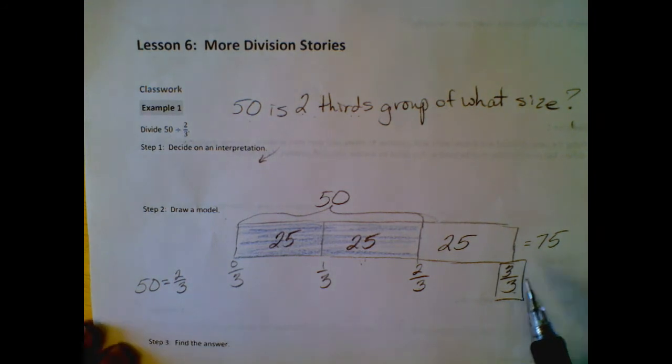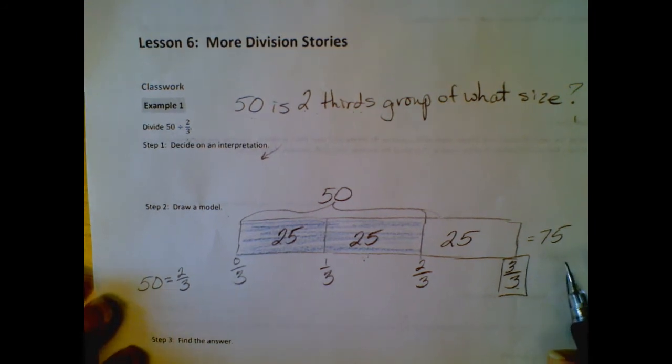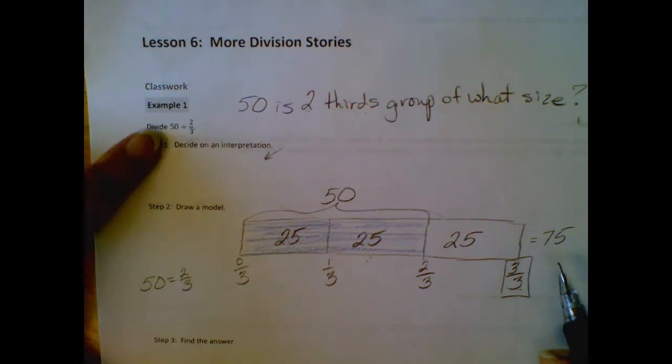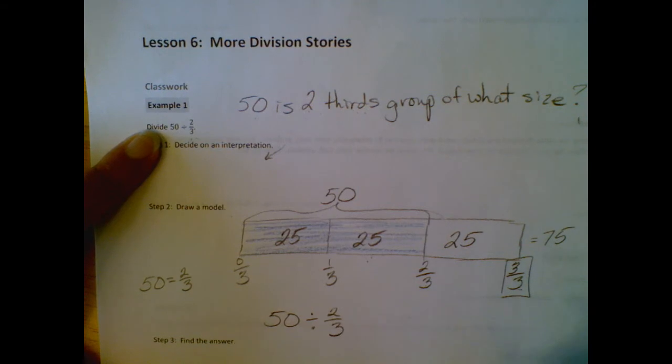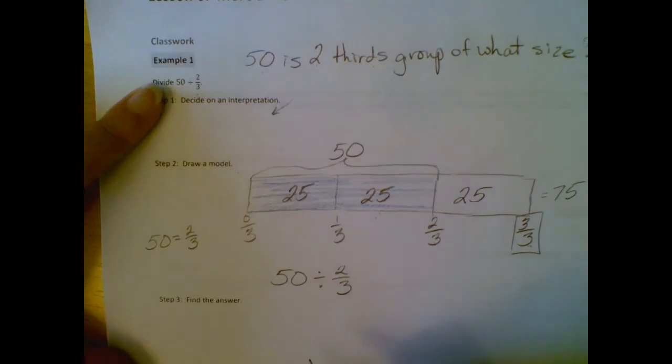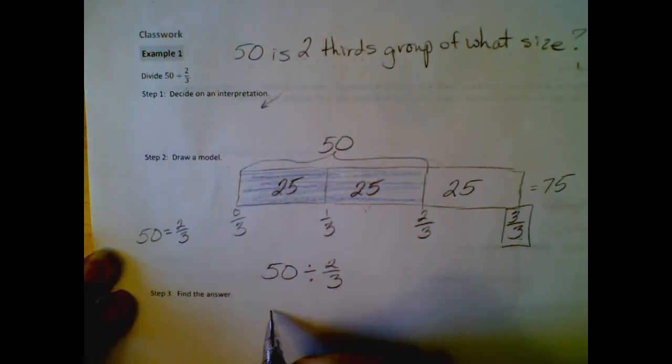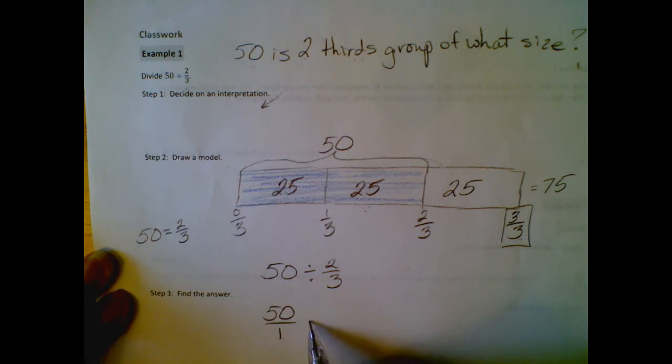Okay, let's do copy, dot, flip to check it. 50 divided by 2/3. 50 is 2/3 group of what size? Same 50 over 1. First opposite, divide to multiply.